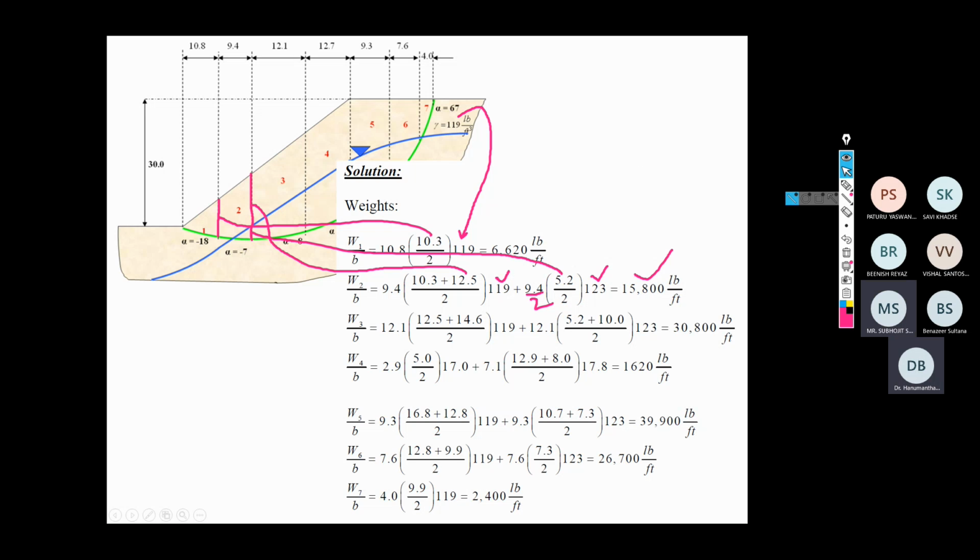Sir, in 2, the portion above the ground surface is not really trapezoidal, no, sir? We are using a trapezium formula. It isn't really trapezoidal. That is true, but it is an approximation. That's why the best thing is you try to redraw everything on the graph sheet, and based on that, you can calculate the area.